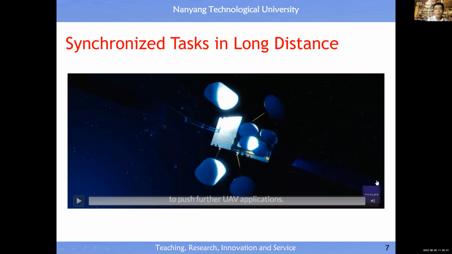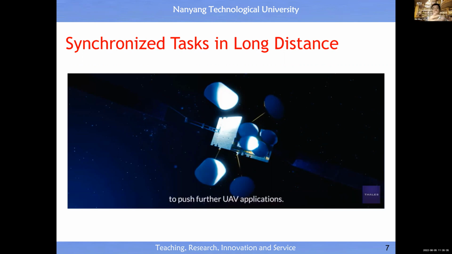Okay, so this video basically shows you two things. One is long distance communication. In that case, if you need to have a full communication link, it will be very costly. And the second thing is the wireless linkage between two communicating devices.